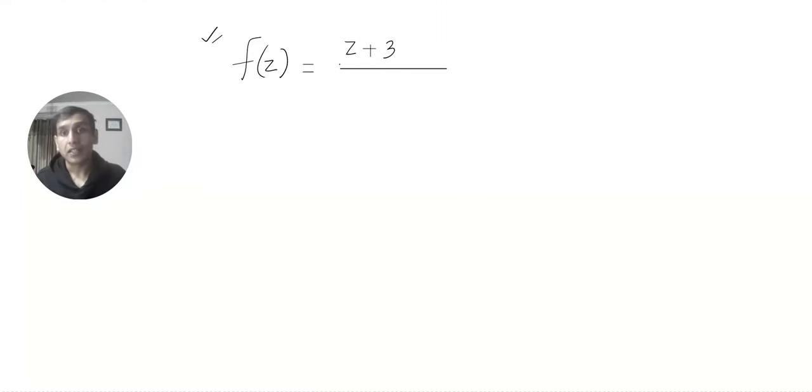Expand the function f of z equal to z plus 3 divided by z minus 1 into z minus 4 at z equal to 2. Now look at this. You can apply the method you learned in the last video. But the problem is you have to apply the u by v rule again and again to find the expansion.